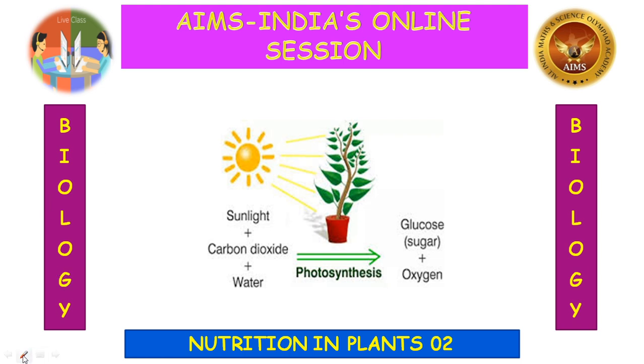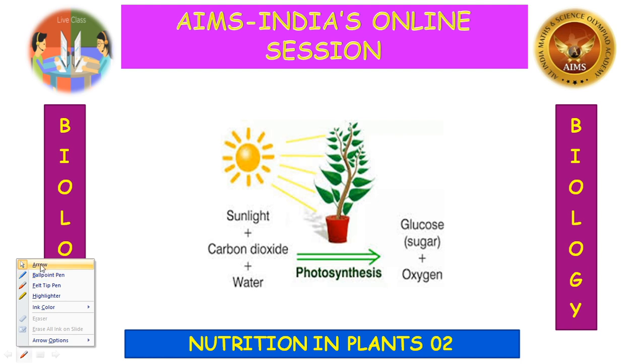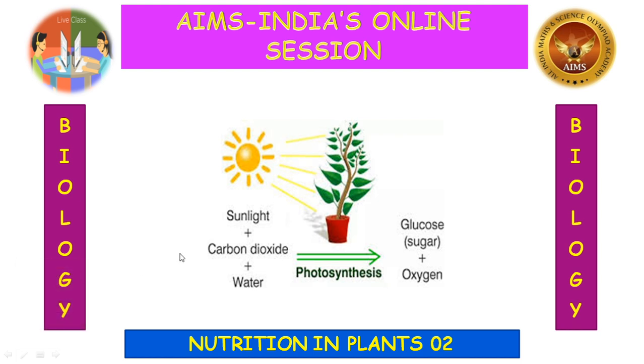Nutrition in Plants. So we have discussed nutrition in plants is of two types. What are they? Autotrophic nutrition and heterotrophic nutrition. The autotrophic nutrition takes place by means of a process called photosynthesis, during which the inorganic substances like carbon dioxide and water, in the presence of sunlight and chlorophyll, undergo the photosynthesis reaction and produce glucose or starch, and oxygen is released during the process.